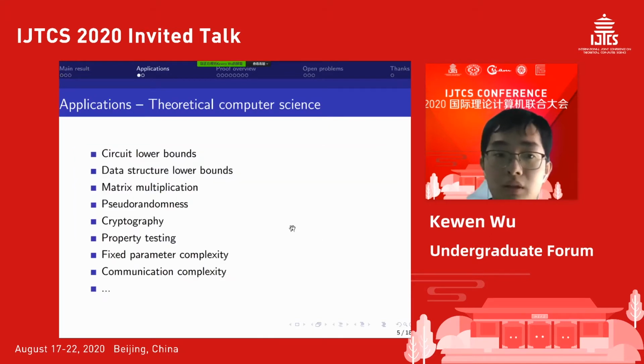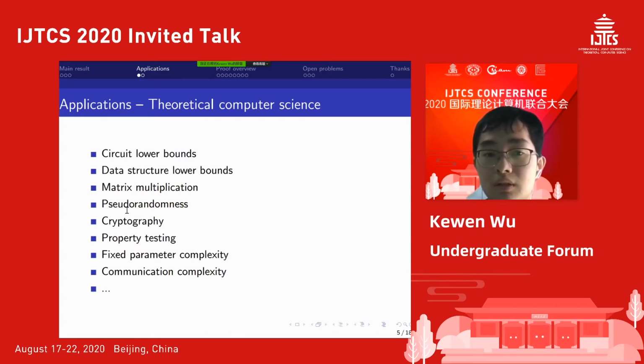Let me mention a few applications in theoretical computer science and combinatorics. This sunflower lemma is used in several results in theoretical computer science, including monotone circuit lower bounds in circuit lower bounds and data structure lower bounds. And it's studied to obtain the optimal constant in matrix multiplication.